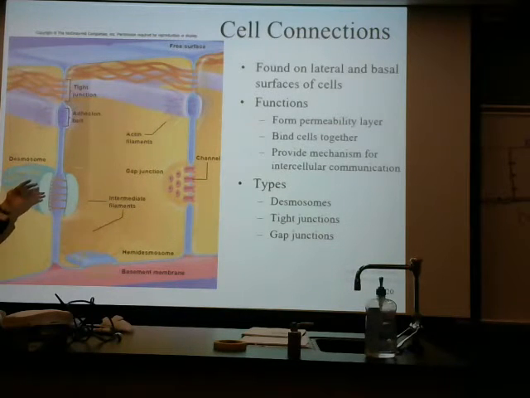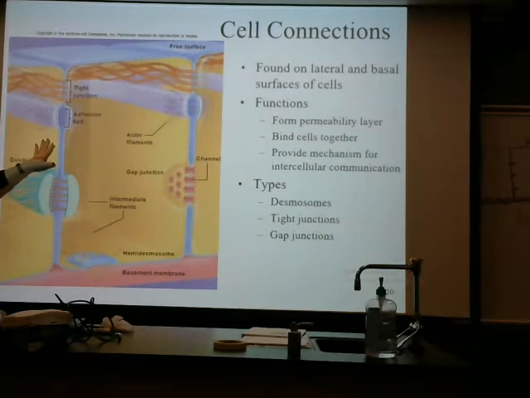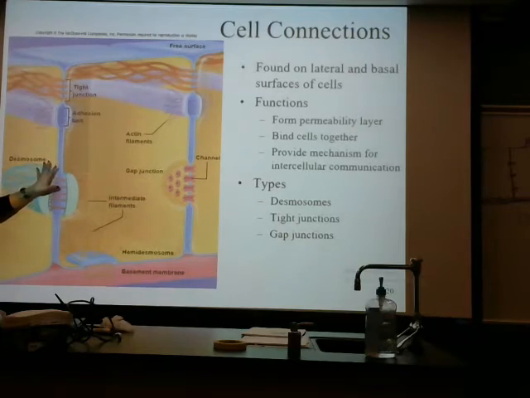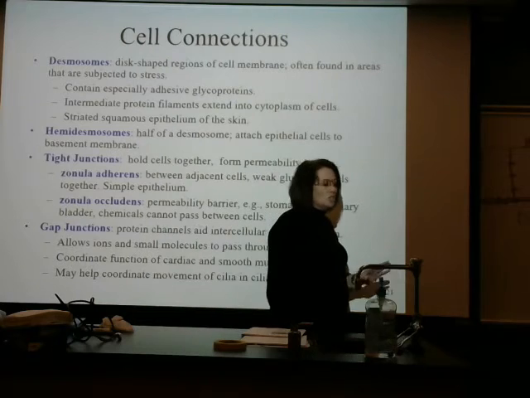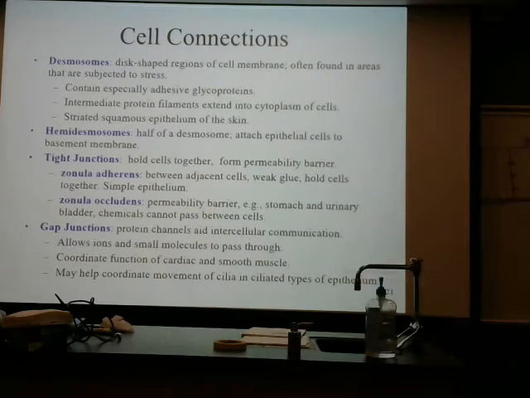So cells that are going to be in the epithelial family, they can and will have some of this structure holding them together, because one of the things about the cells of the epithelial tissue is, because of what they do, where they're going to be found, there's little extracellular matrix. So these cells tend to have a tight connection to each other.